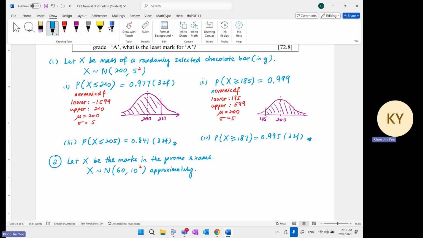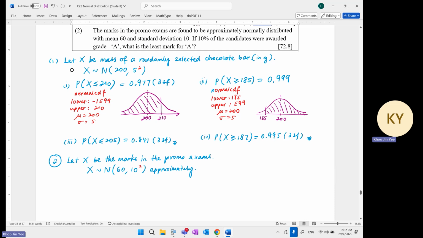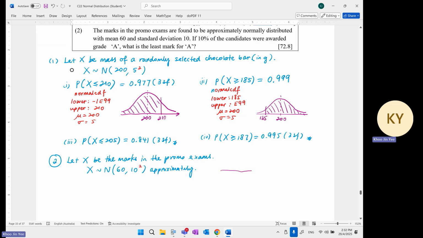Okay, let's take a look at this one. If 10% of the candidates were awarded grade A, what is the least mark for A? The mental image that I would like you to have is, from this normal graph, 10%. Where is the A people? Usually on the left or on the right?